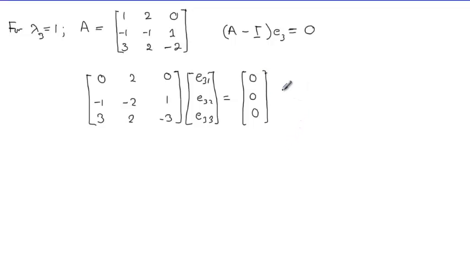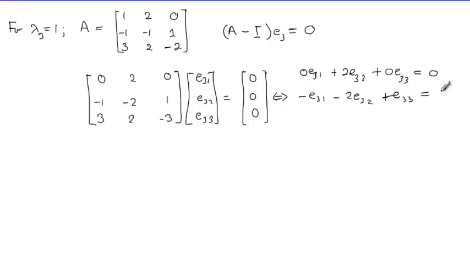Right. So this again is going to give us a system of equations, which is going to be 0 E31 plus 2 E32 plus 0 E33 equals to 0, then minus E31 minus 2E32 plus E33 equals to 0, and 3E31 plus 2E32 minus 3E33 equals to 0.